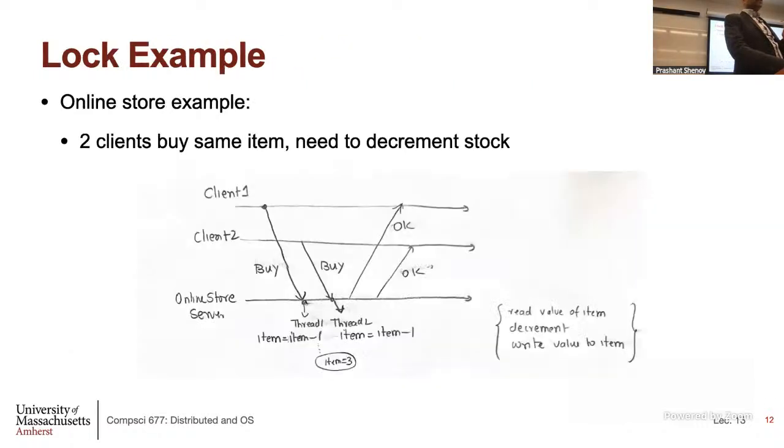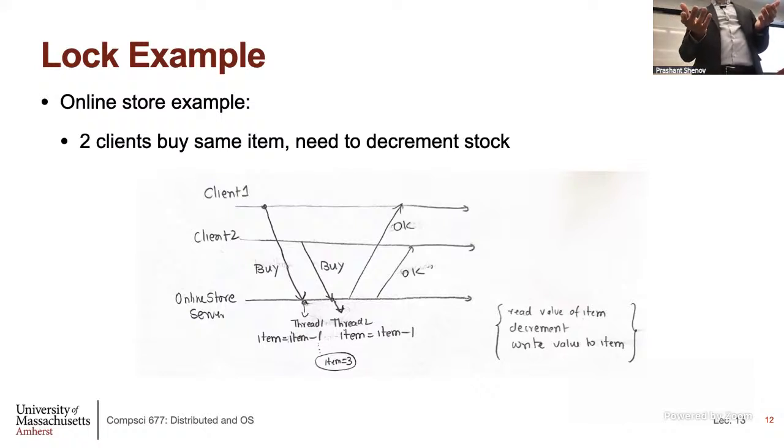So let's start with one example of why you need a lock. Here is an example to show you why this might cause problems. Assume that you have 2 clients. There's an online store. Maybe the clients check if there is some item in stock, and then they both send a buy request to buy it.